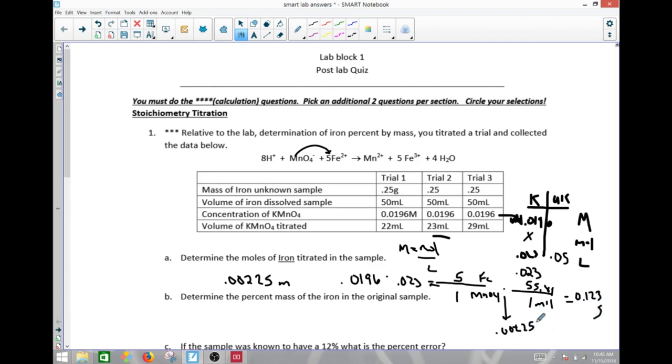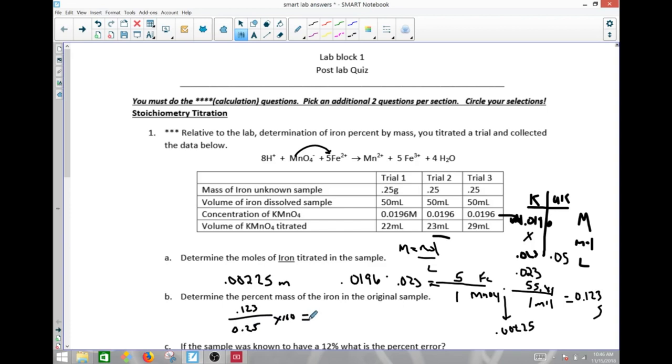0.123 grams. So to find the percent mass, it's the mass of 0.123 divided by the total mass, which is 0.25, times 100.